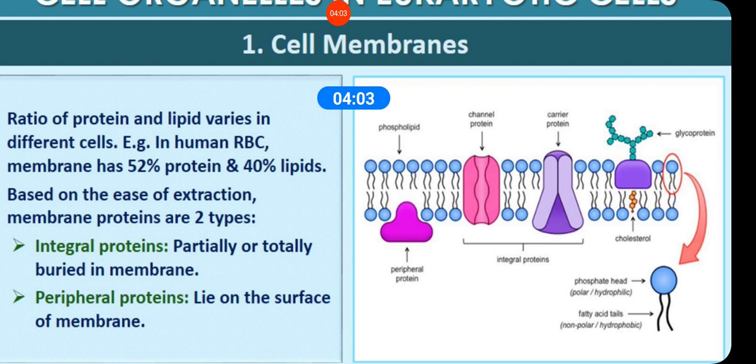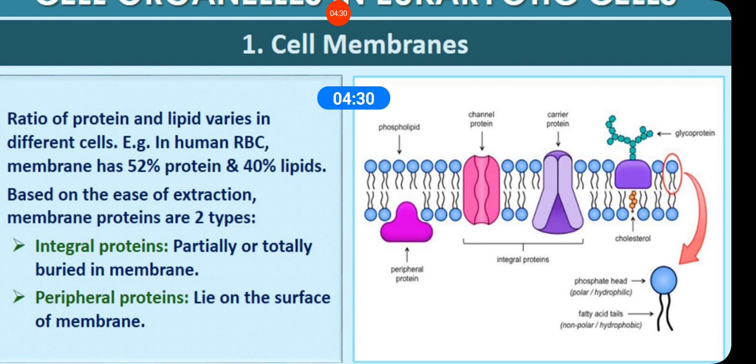Now, what are the functions of integral and peripheral proteins? Integral proteins are partially or totally buried in the membrane. They have a stronger association and are bound very tightly with the membrane. These proteins are buried partially or totally in the phospholipid bilayer.